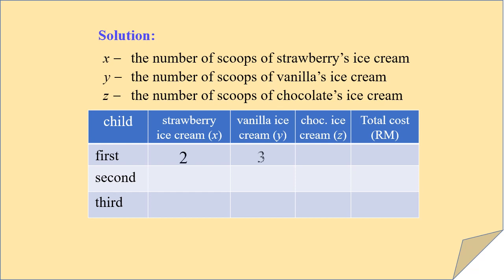So we have 2 ringgit, 3 ringgit, and 4 ringgit respectively, with the total cost of 34. And then for the second child it is 4 ringgit, 3 ringgit, and 1 ringgit, which cost 28. And then for the third one it is 1, 2, 4, with a total cost of 27.